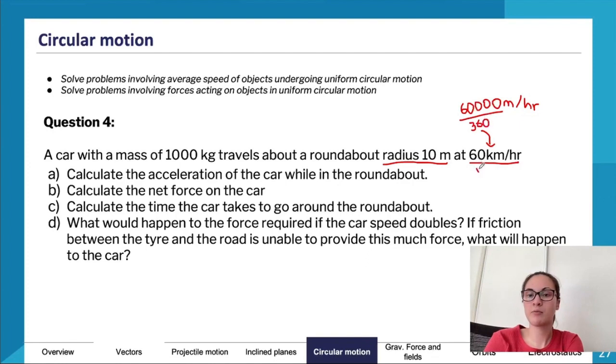So now we're going to end up with this on the calculator: 16.667, I'm going to say. I feel like that's very fast. Is that too fast?